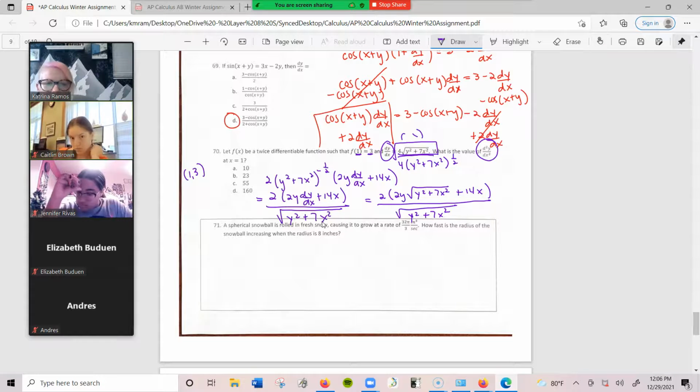Oh, you're right. I forgot about this 4. The 4 from here, from the dy dx. Do you see what I mean? It's 2y times dy dx, and the dy dx has that 4.